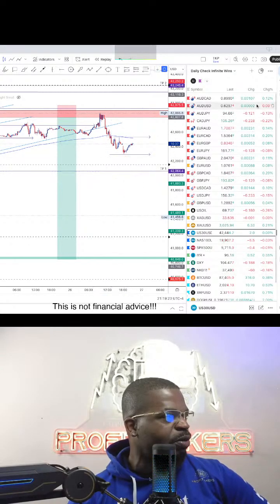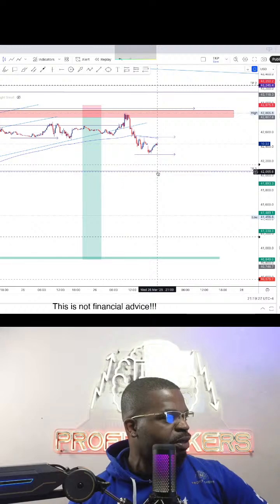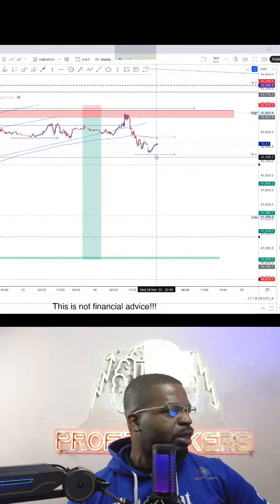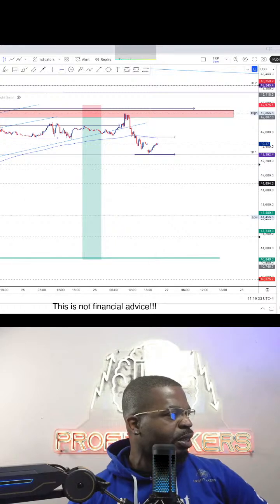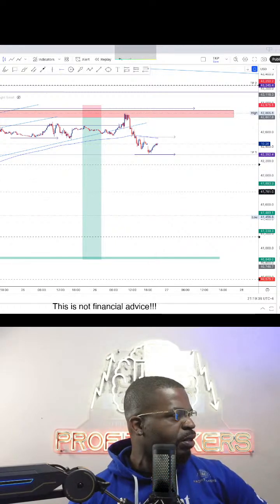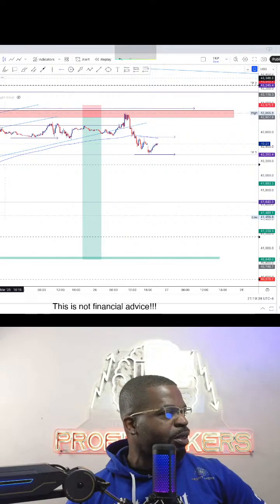That US 30 sell we took earlier played out pretty well. Look at that. We'll put our TP1 right underneath it. Another TP here.